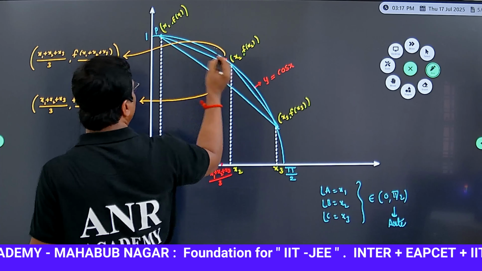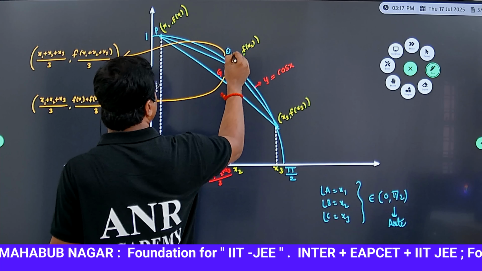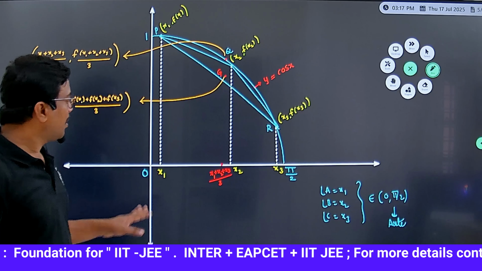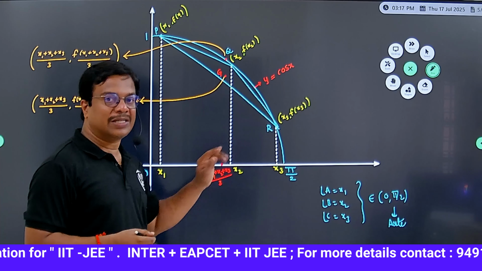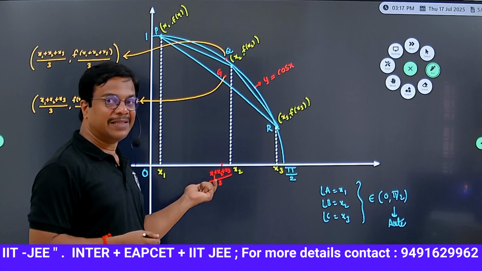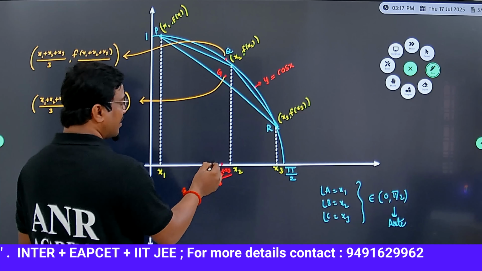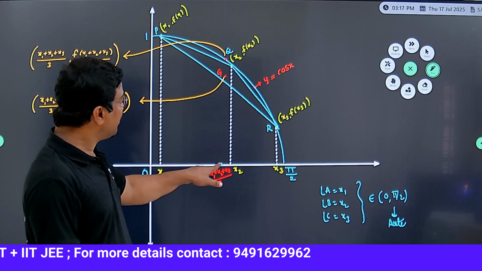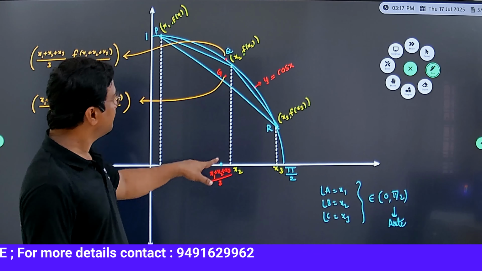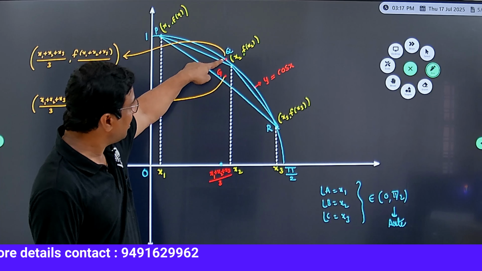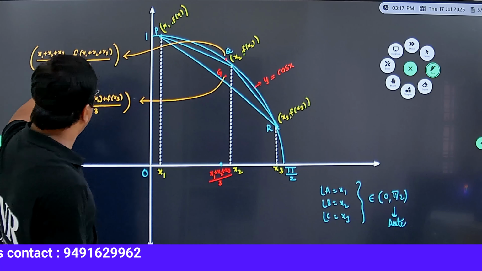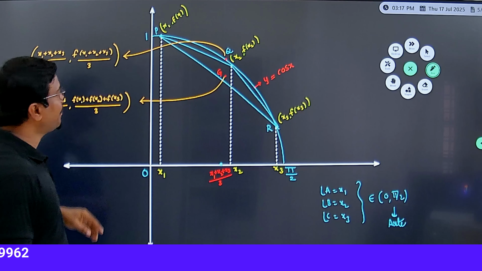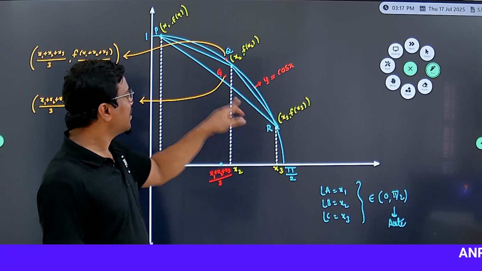Assume that this is P, this is the point Q, and the third vertex is R. The average of x1, x2, x3, that is (x1 + x2 + x3)/3, I am going to select somewhere on the x-axis here. Then the corresponding output on the function, here red colored, is the functional value f((x1 + x2 + x3)/3).